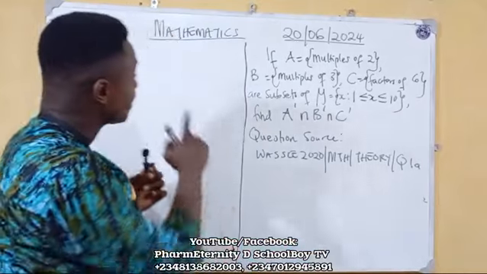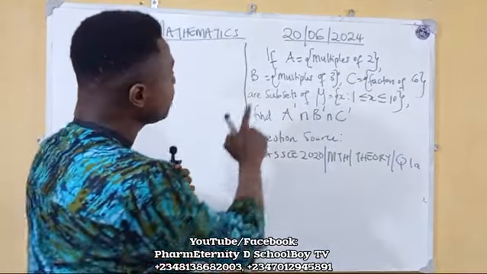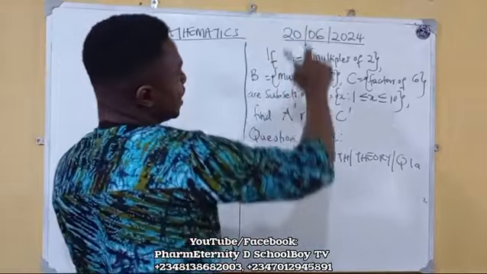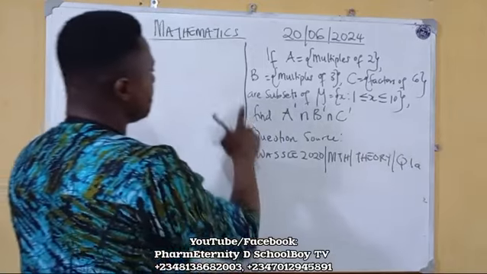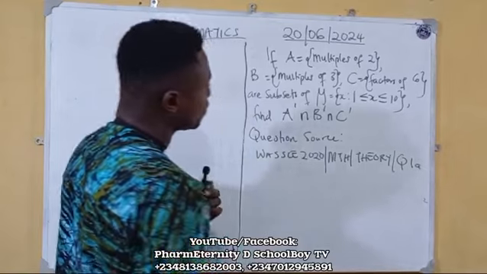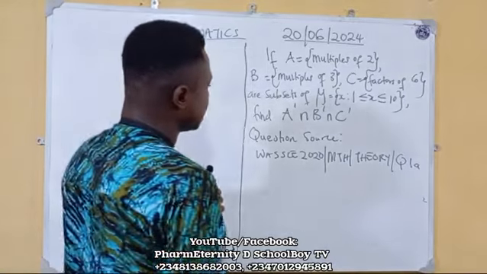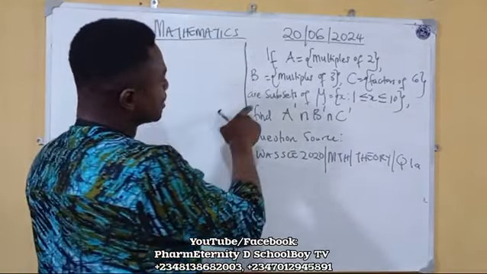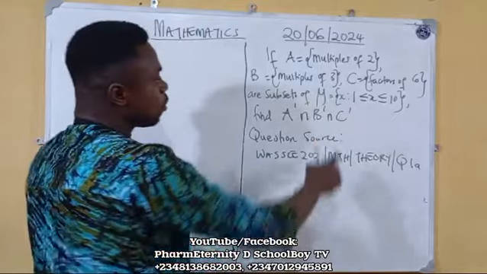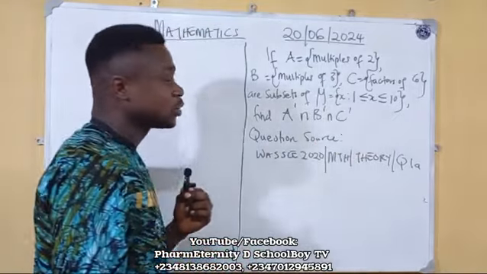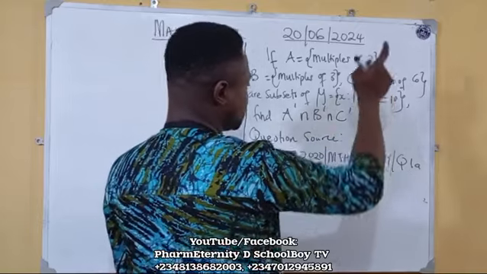Today we take a look at mathematics and we have a question on the board. The question says, if A is a set of multiples of 2 and B is a set of multiples of 3, C a set of factors of 6, are subsets of the universal set X such that 1 is less than or equal to X, which is also less than or equal to 10.